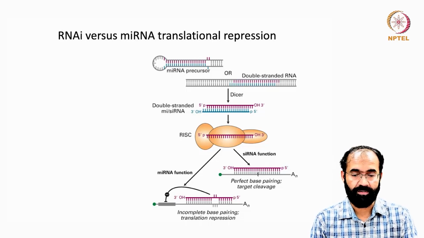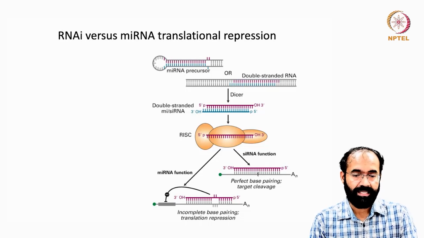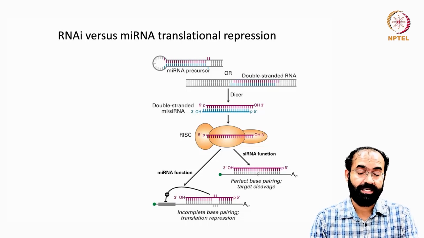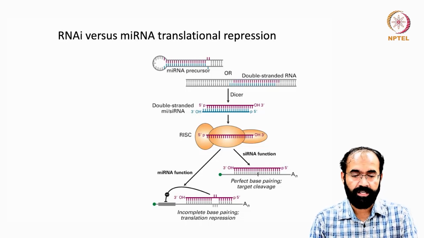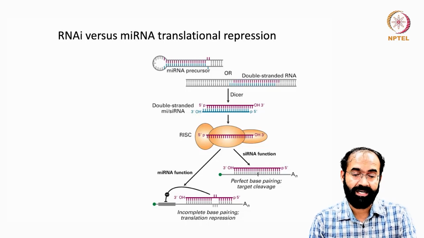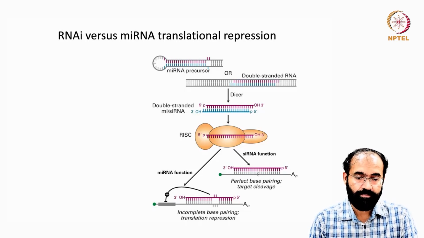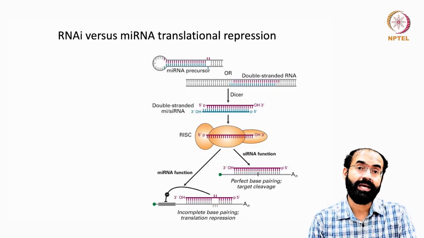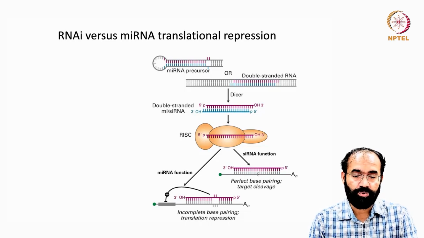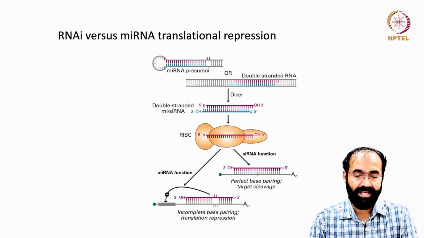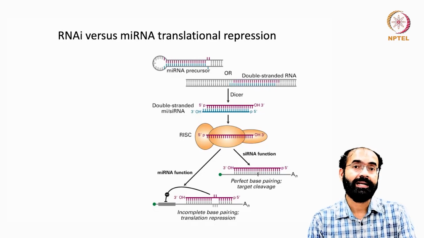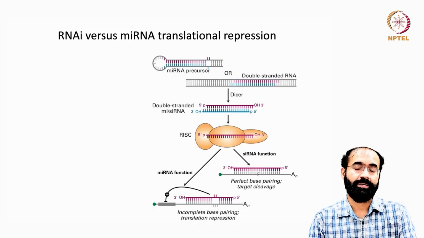Argonaute protein has to be present in a cell abundantly, without which this RISC complex formation and the silencing can be compromised. So siRNA, when it has to work in this RISC, has to be a perfect binding. Look here, you can see they are paired base by base. The entire 22 nucleotides have paired base by base, whereas if it has an miRNA mediated function, you need not have a perfect pairing. That is called incomplete base pairing, or improper base pairing.